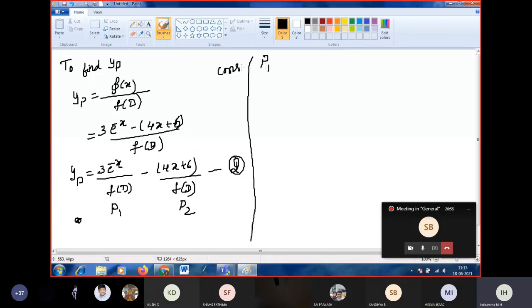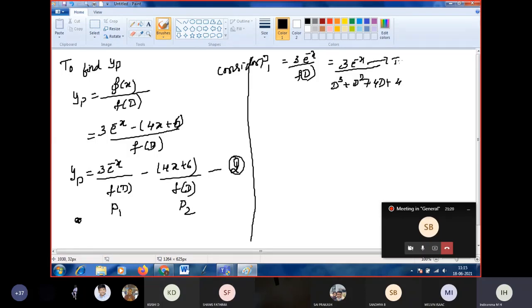Now consider P1. What is P1? 3 e power minus x by f of D. Now substitute for f of D: D cube plus D square plus 4D plus 4. Numerator is which type? Type 1.